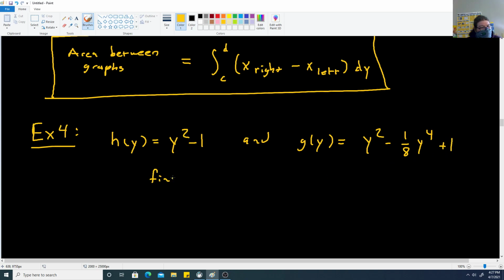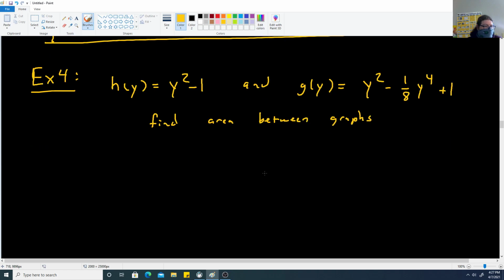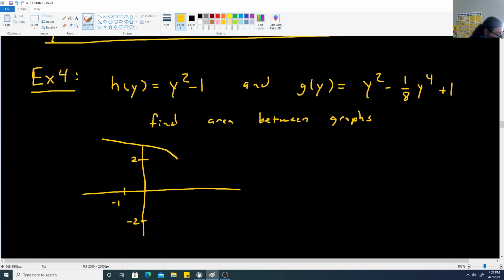They want us to find the area between the graphs. They don't tell us which function is which, but they show us a graph. So here's -1, here is 2, here's -2.